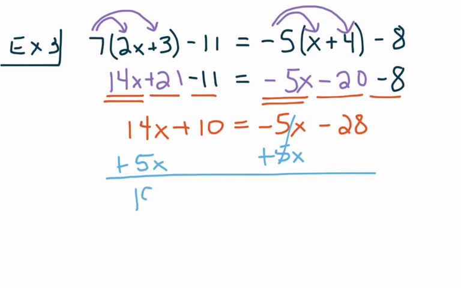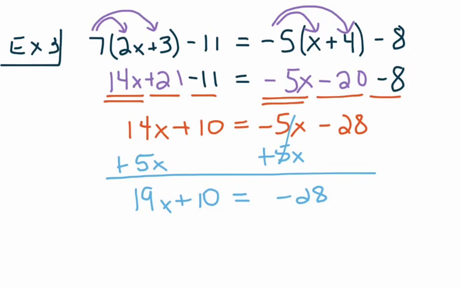And I have 19x. Bring down the plus 10. Keep my equal sign aligned. And I bring down my negative 28. Don't lose track of this minus sign. I've seen a lot of students get points taken off on these problems just because they forget about a minus sign there.